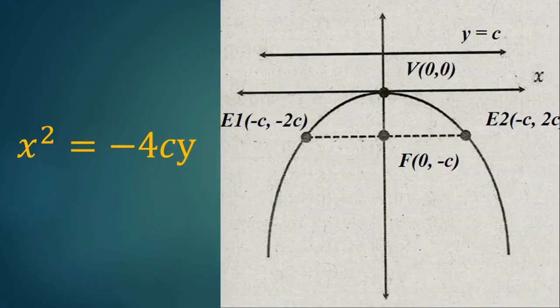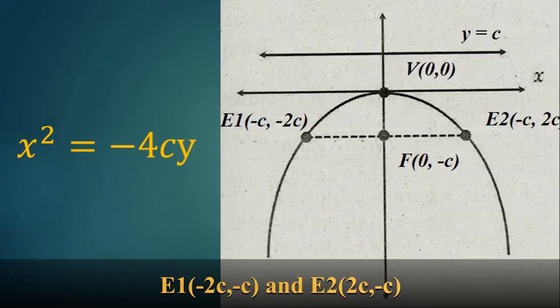And then the coordinates of the ends of the latus rectum are (negative c, negative 2c). This is correct. And we have (negative c,...). Okay, mali uli ito. It should be (2c, ...), oh, this is also wrong. It should be (negative 2c, negative c). And this should be (2c, negative c). Kasi ang ordinates of this should be the horizontal distance followed by the vertical distance.